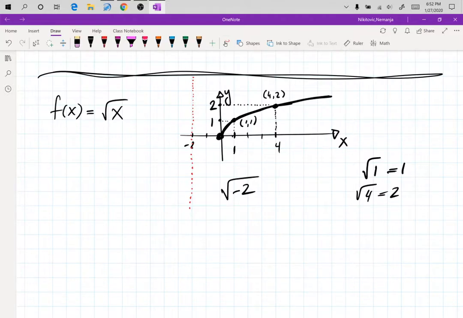Now, we also know that we can't find the y value for negative numbers, right? So this is not real. Sometimes your professors, instructors in algebra class allow you to write no solution or impossible or something like that. Well, no. The answer for this has a solution, but it's an imaginary number.